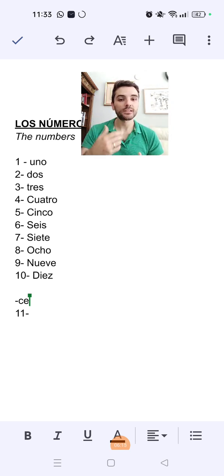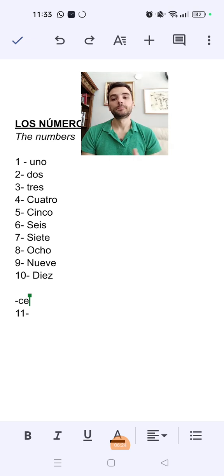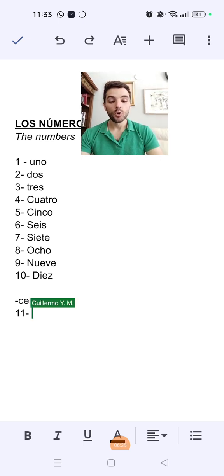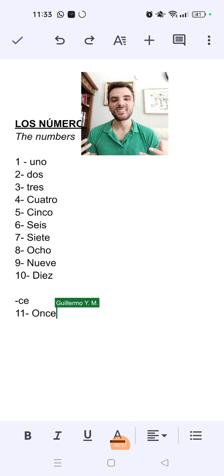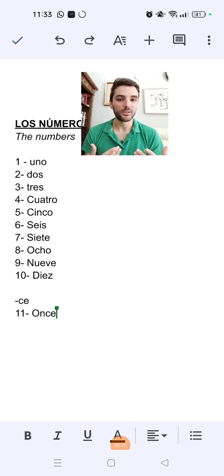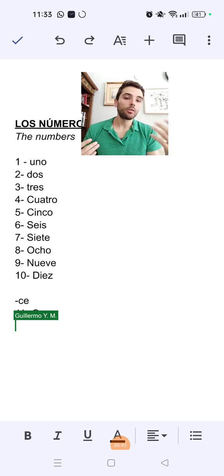Try with the first 5 numbers, adding this ce at the end, and then restart the video. All right, so let's see if your intuition works properly. The first one is 11. Okay, this is, let's say, irregular because it should be uno ce, right? But we call it 11.